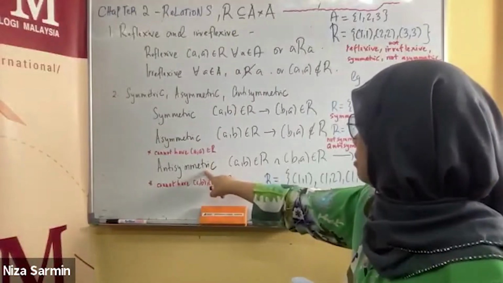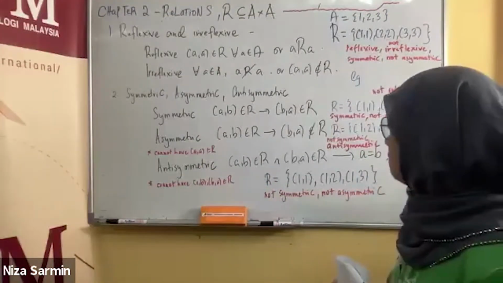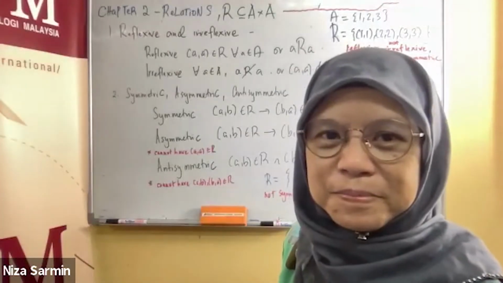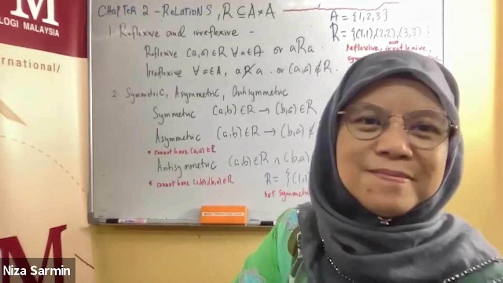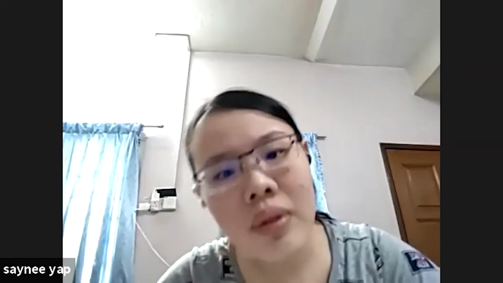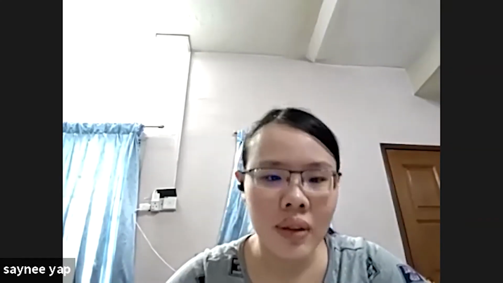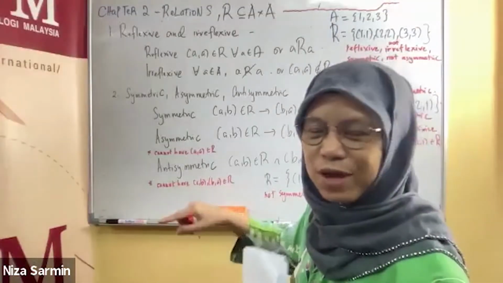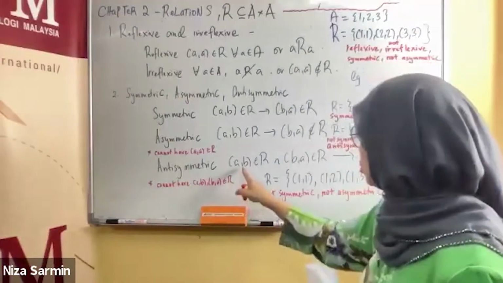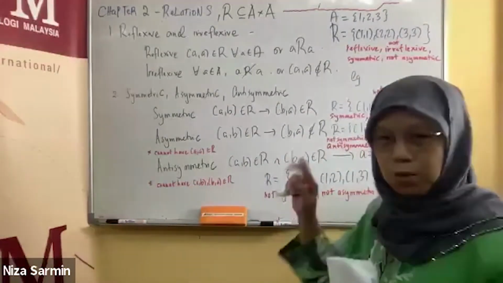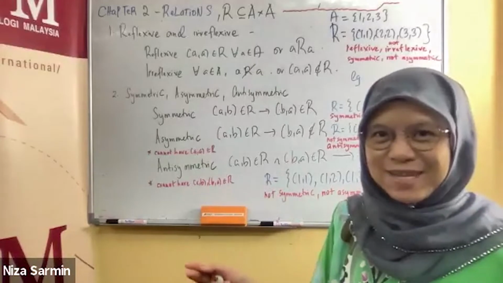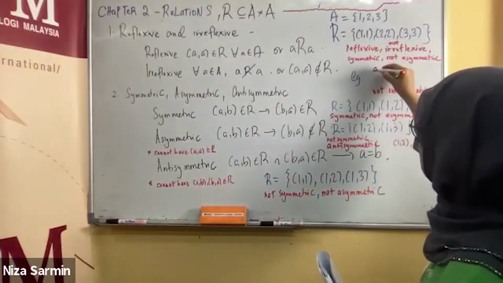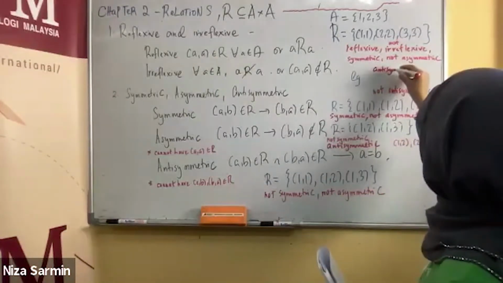Is it antisymmetric? Yes, Prof. Because you don't have any different pairs. The ones that you have are the same. It's okay, because you have (a,b) and (b,a), (1,1) and (1,1), and 1 is 1. So yes, it is antisymmetric.